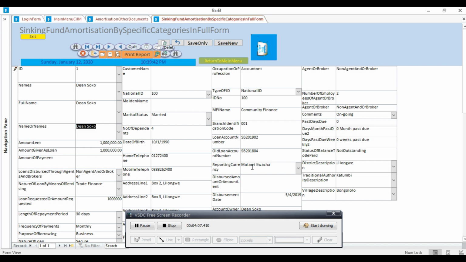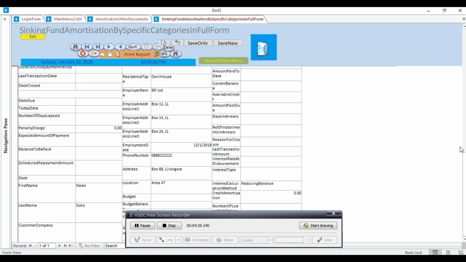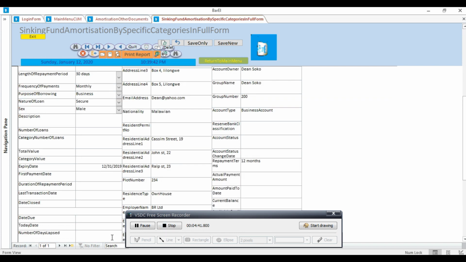You have to bear in mind that this information was entered in another form, and by clicking on these drop downs, we are importing all that information automatically in all these empty spaces. Let us fill some of these empty spaces.